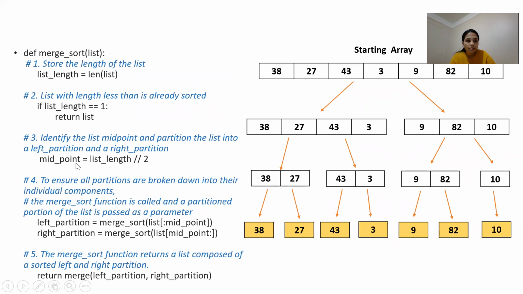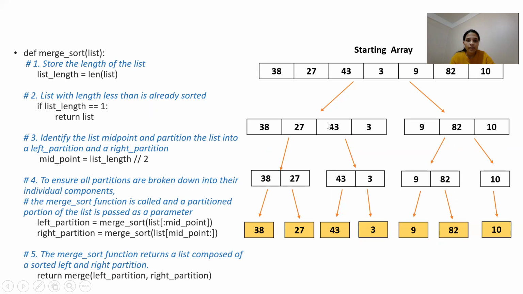So I'm going to find the mid value, that is length of list divided by 2. I'll find the mid value here, and the mid value in this position. Every time I divide the list, I find the midpoint and then divide further.